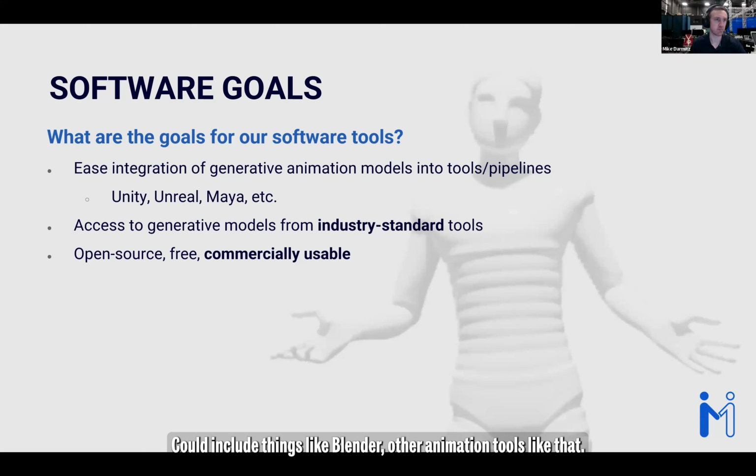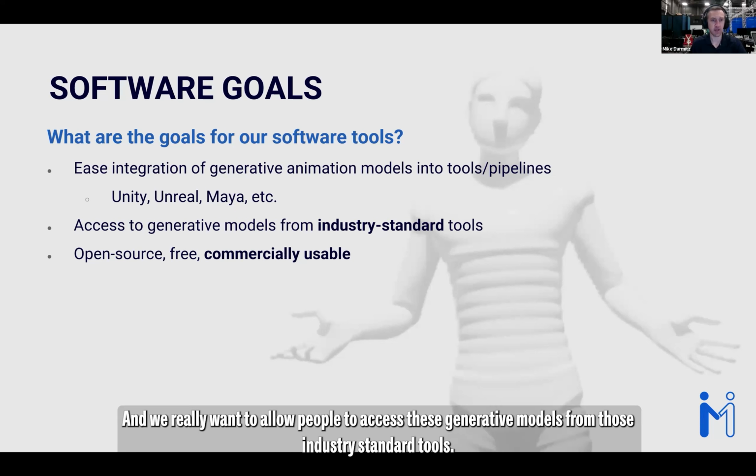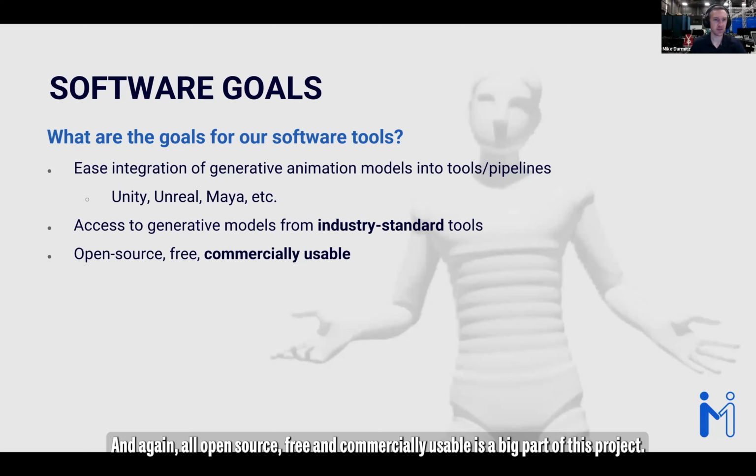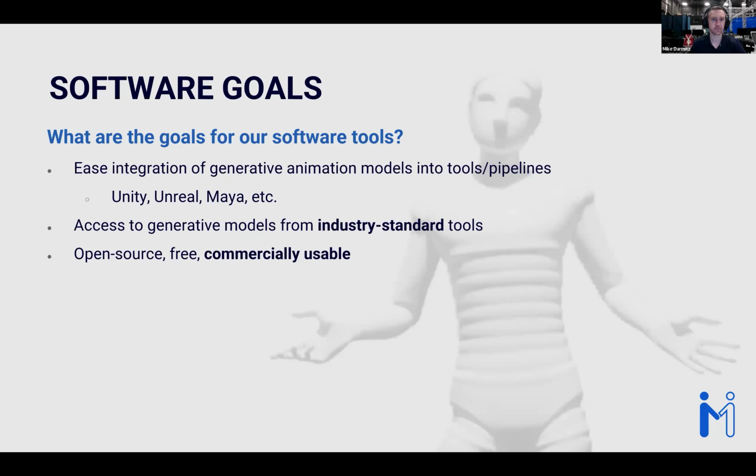Could include things like Blender, other animation tools like that. And we really want to allow people to access these generative models from those industry standard tools. And again, all open source, free, and commercially usable is a big part of this project.